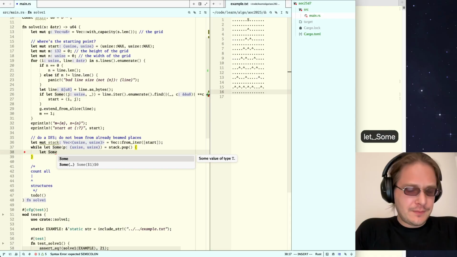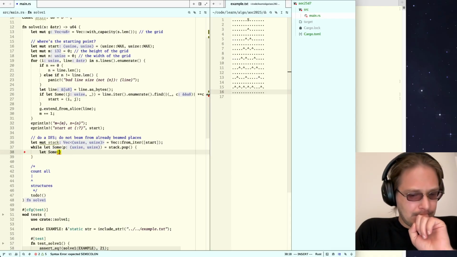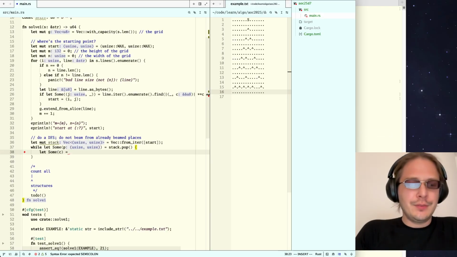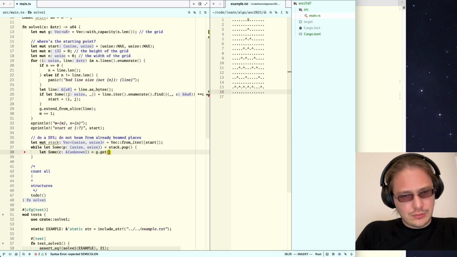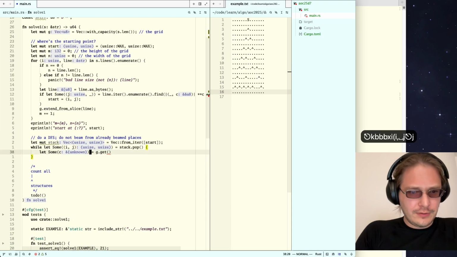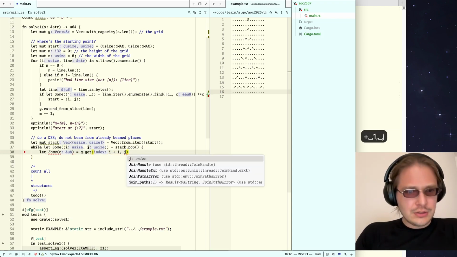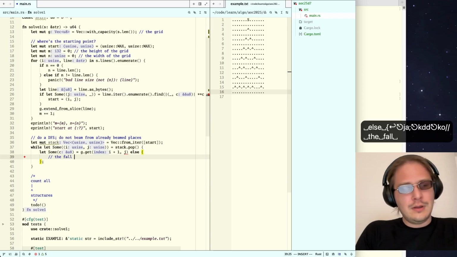Okay, let's say that there is some cell below, which will be grid get, oh, actually, let's do it like this. I plus 1 and j, else if we fall, then we fall.